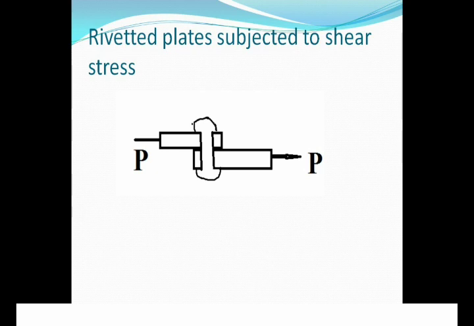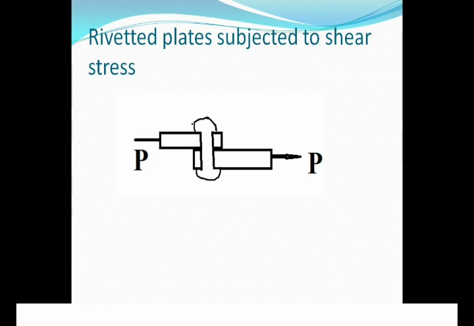That is the basic difference between the shear stress and the previous two stresses that we have seen, the compressive stress and the tensile stress. The basic difference here is regarding the cross-sectional area.